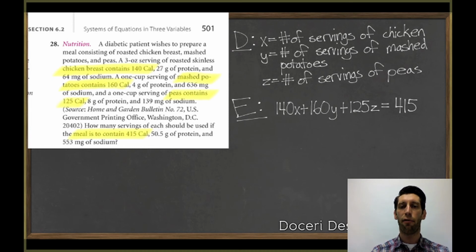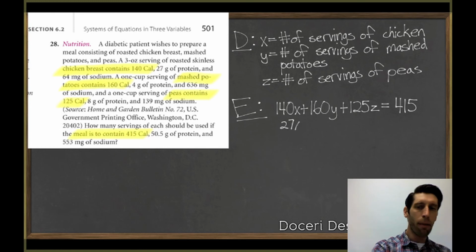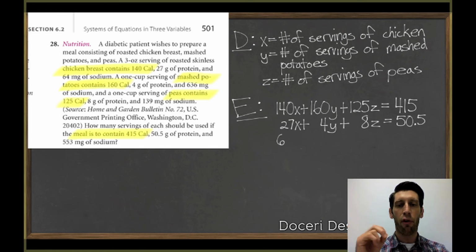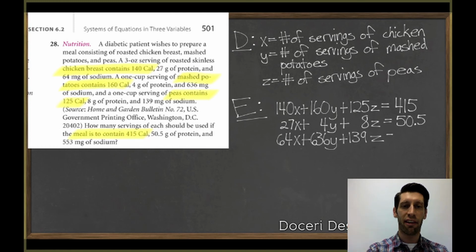So what I have written down so far is my calories equation. And if you look back in the statement of the problem, I'm going to have another equation for protein and finally a third equation for milligrams of sodium. So what we have here is a system of 3 equations in 3 unknowns.